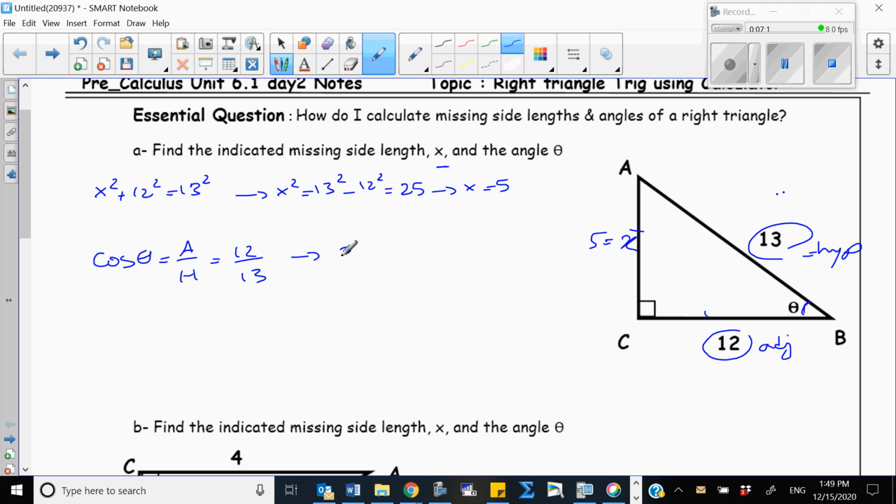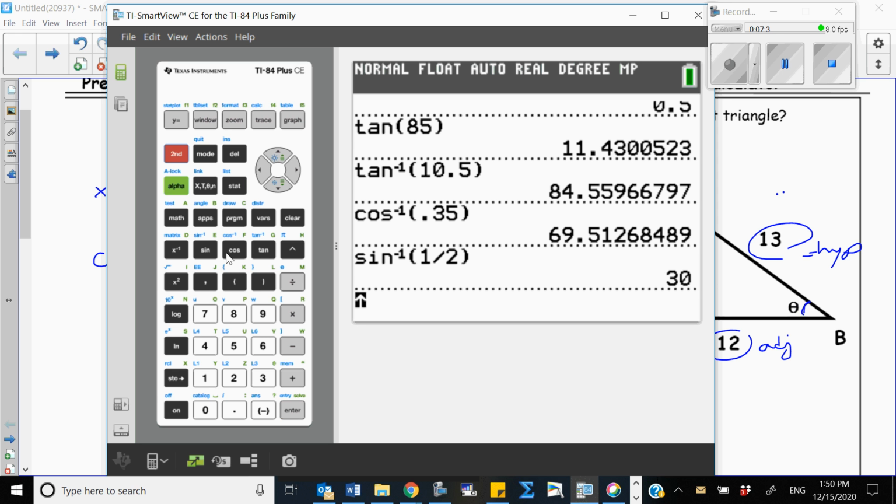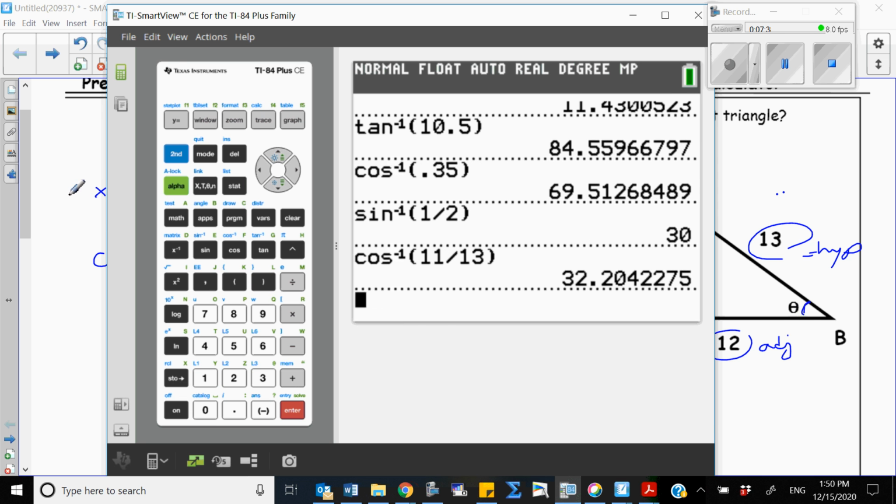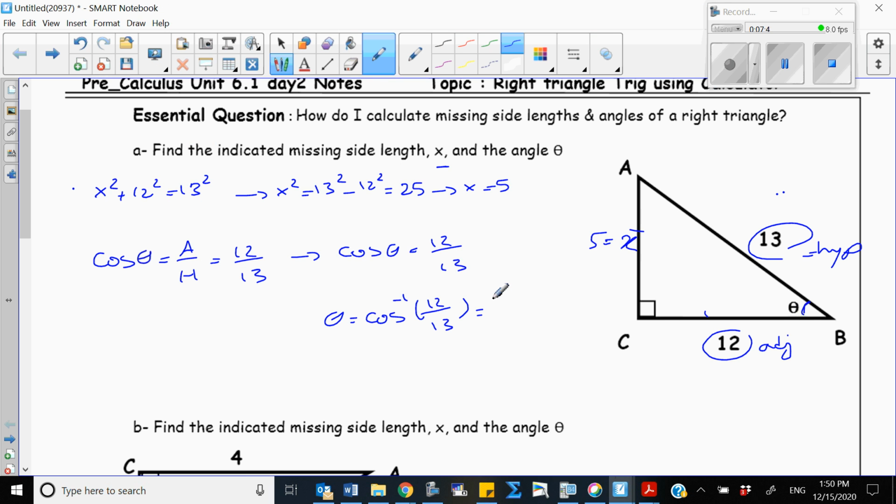So there is an angle whose cosine is equal to 12 over 13. What is that angle? I'm going to use the inverse function, cosine negative 1 of 12 over 13. Use your calculator, second cosine of 12 over 13 is equal to 32.2 degrees. So that's how I find this angle.